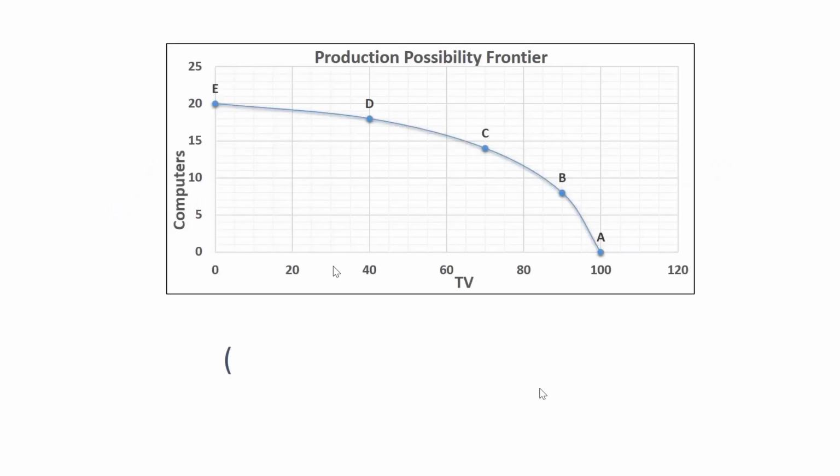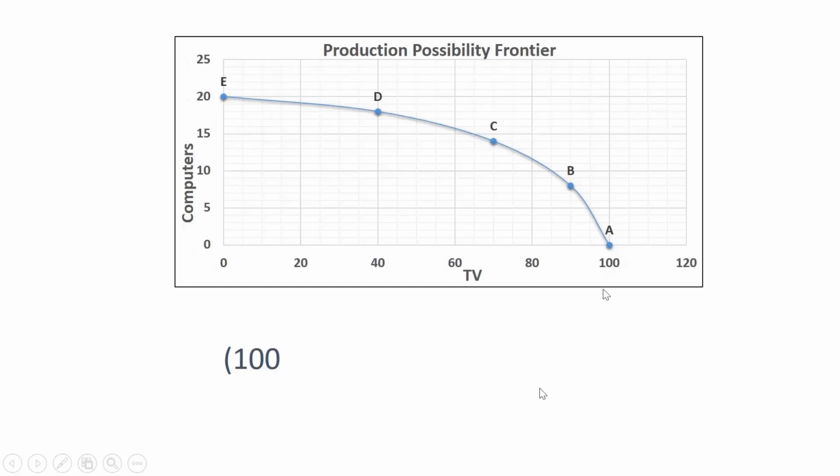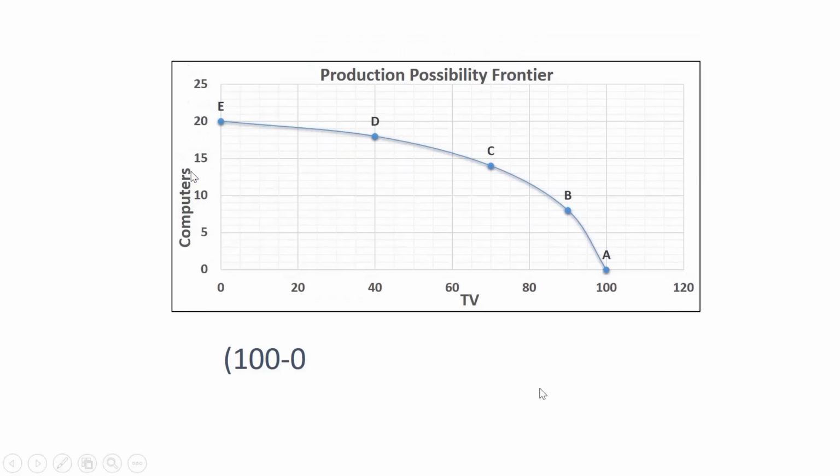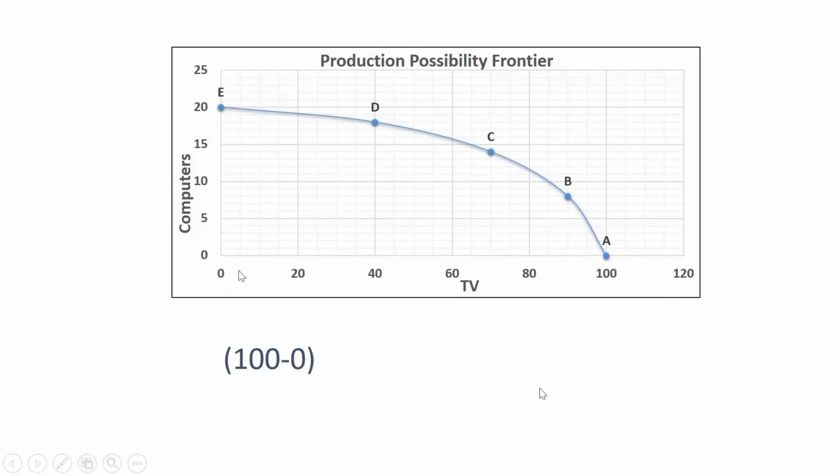Alright. Because we are producing computers, the opportunity cost is going to fall on TV. Now, if we don't produce any computers at all, we can produce 100 pieces of TV. Producing 20 units of computers, we cannot produce any unit of TV.